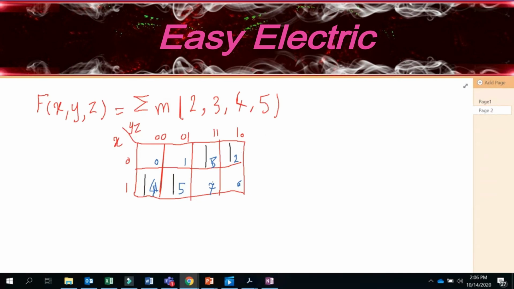If you need 8, you should have 1 in all of these squares to be able to make one group with 8. After 8, you should check 4, right? Could we make a group with 4 members? No. Why? Because these two are not neighbors of each other, right? If we had a 1 here, you could select these 4, but here they are not neighbors. You couldn't put them inside one group.